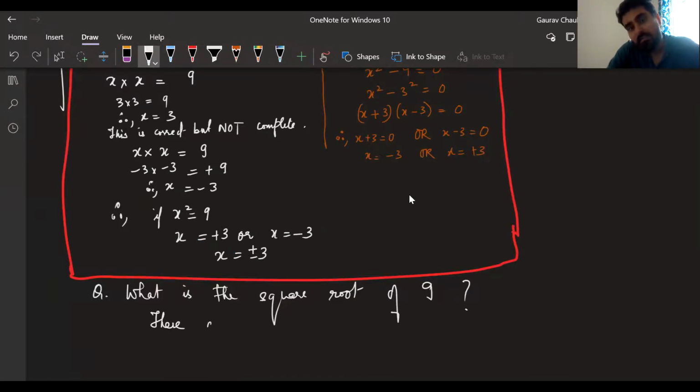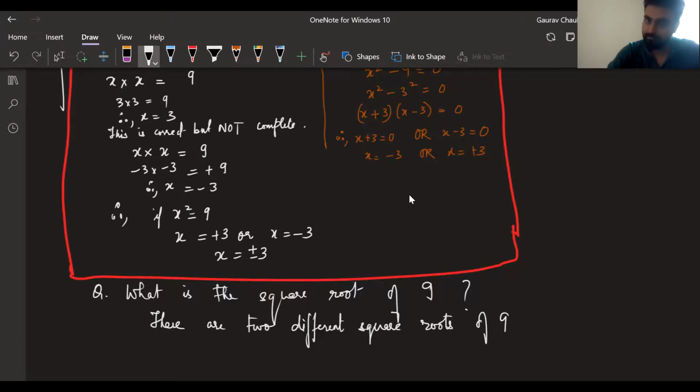There are two different square roots of 9. This is basically plus 9, because negative number square roots are not real. We'll talk about that also.